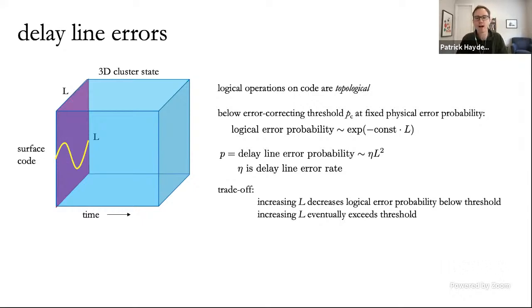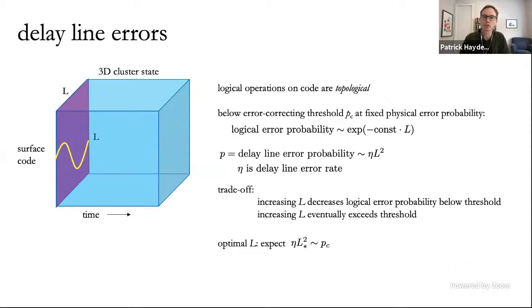And so we have this trade-off where increasing the linear size of the cluster state decreases the logical error probability, provided we're below threshold, but increasing the linear size eventually causes us to exceed the threshold and not be able to perform any useful error correction at all. And so what you would expect is that there's going to be some optimal size for your cluster state, where the total delay line error probability, eta times L squared, is about the threshold probability for the toric code.